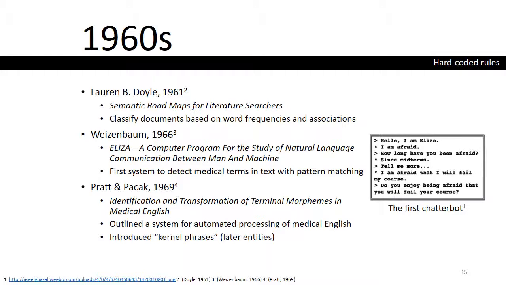Also, the system for biomedical sciences is being applied at this time with Pratt and Pacak. They thought that they could generate a system that could run medical reports and health reports. They came up with the idea of kernel phrases, and later that becomes the idea of entities.